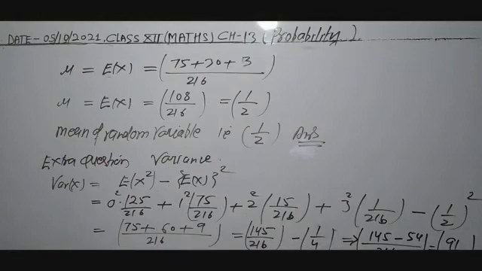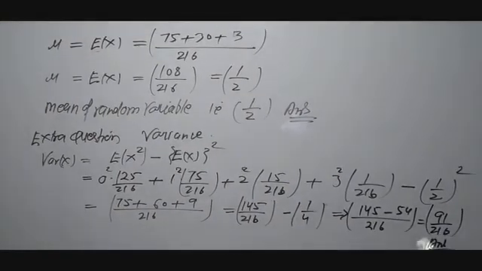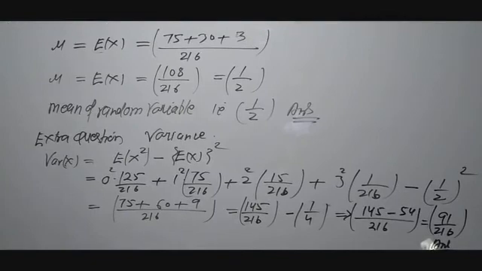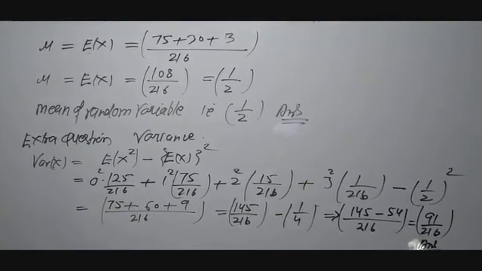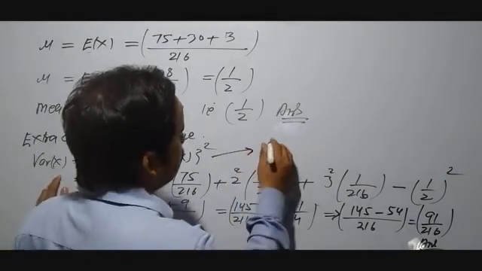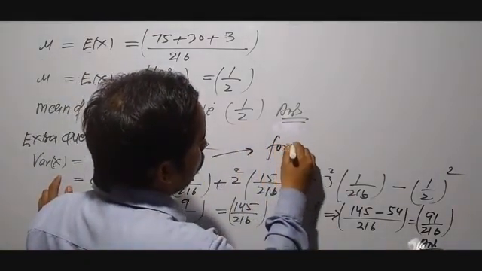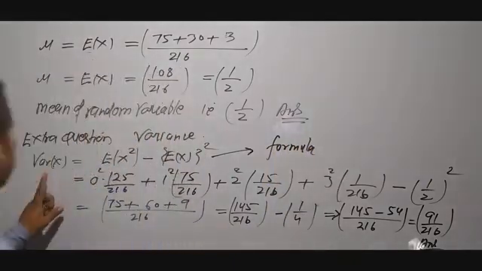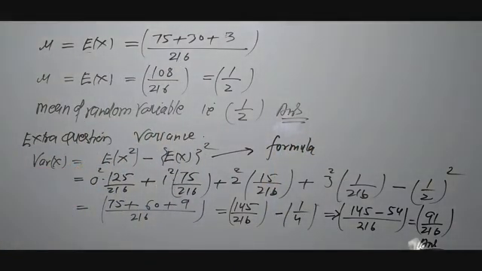Now again, this is the formula we have to solve for the variance of x. If you calculate the standard deviation, it will be the positive square root of the variance. This is also the formula to calculate the standard deviation.